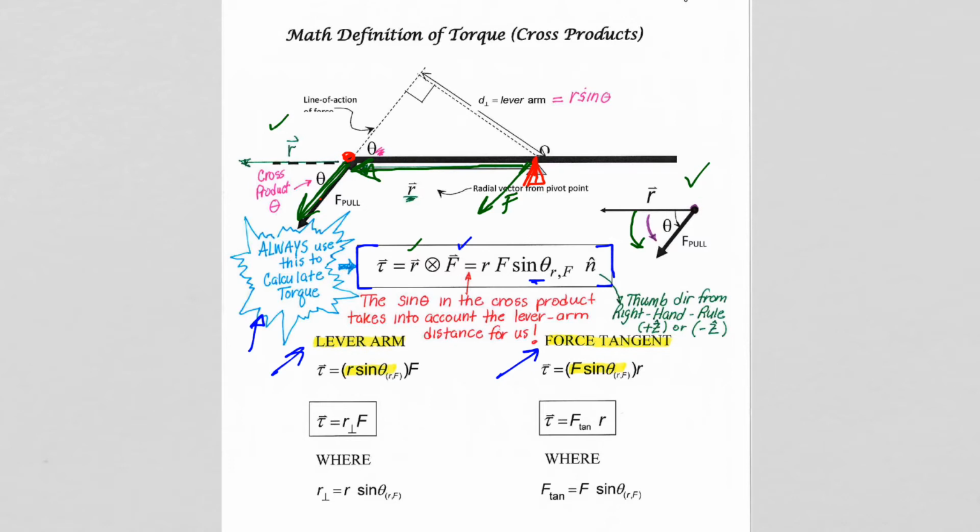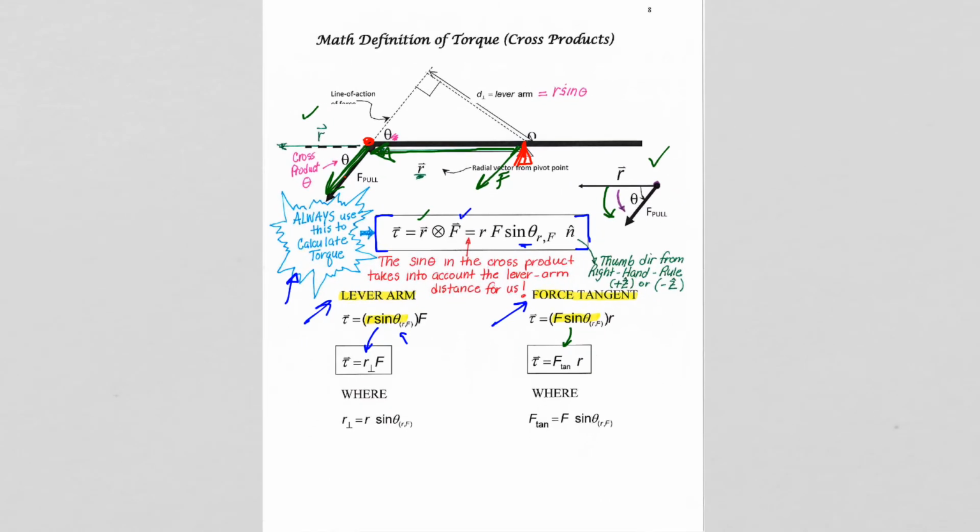If we associate the sine theta with the R, we get the lever arm. R sine theta is the lever arm. So if you're asked to calculate the lever arm, calculate R sine theta. If you were asked to calculate force tangent, calculate F sine theta. So cross product takes care of it for us. We don't need to wallow around in what to do. R cross F, R cross F.